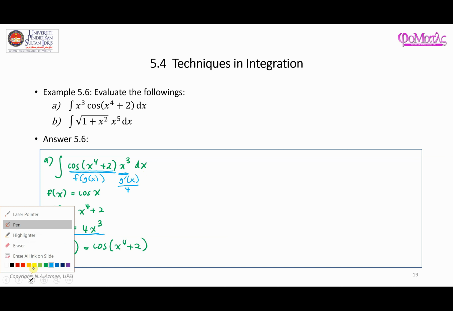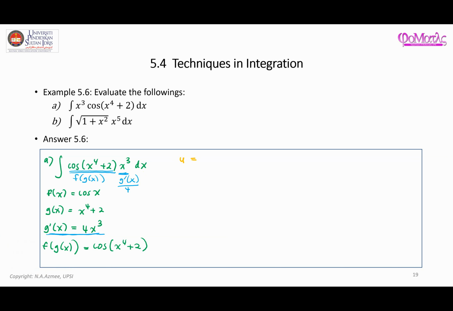According to the substitution method, you can choose u to be equal to g(x). What is g(x)? It is this one. So u is x to the power of 4 plus 2. What is du/dx? It is 4x cubed.